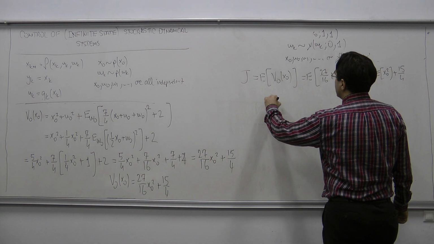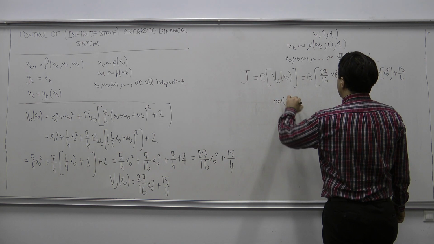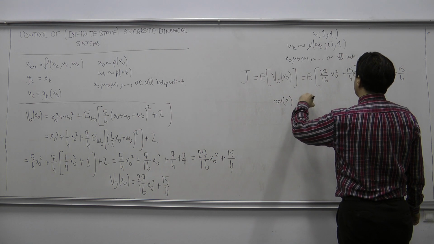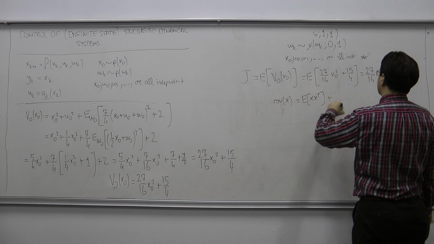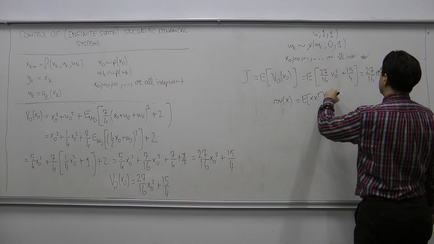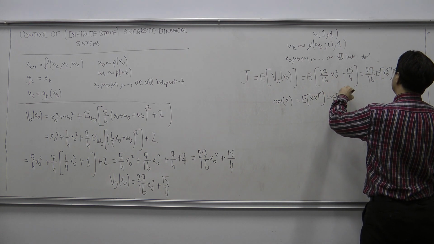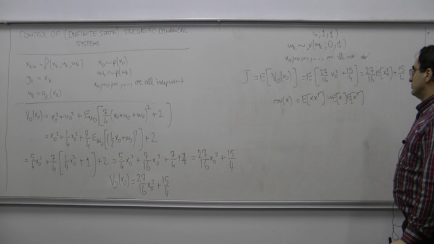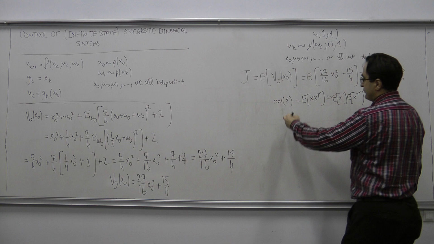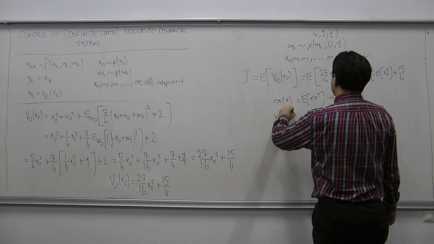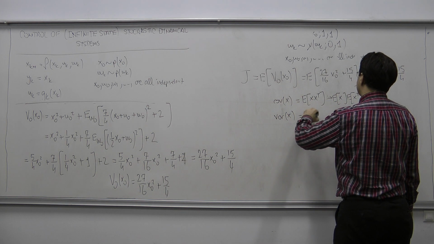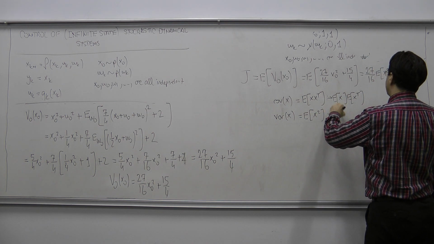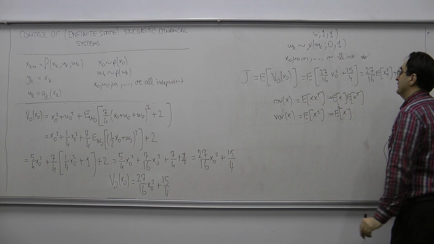So remember, covariance of a vector is given as expected value of x x transpose minus expected value x times expected value x transpose. There is such a formula, and in the scalar case, this would be variance of x is equal to expected value x squared minus expected value x, squared.